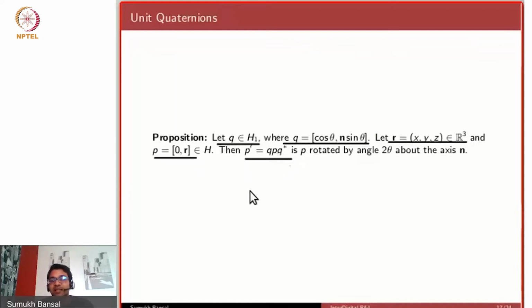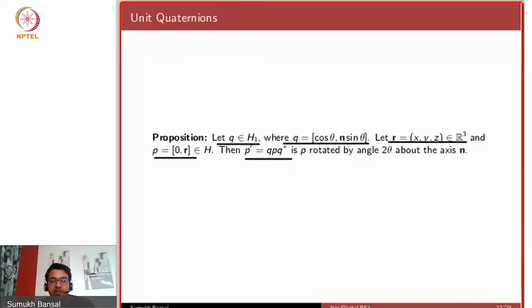Now there is a nice geometrical interpretation of how this expression is obtained, which is related to the reflection of quaternions. But today we are just going to verify it algebraically, and we assume that we know this is how you rotate quaternions.